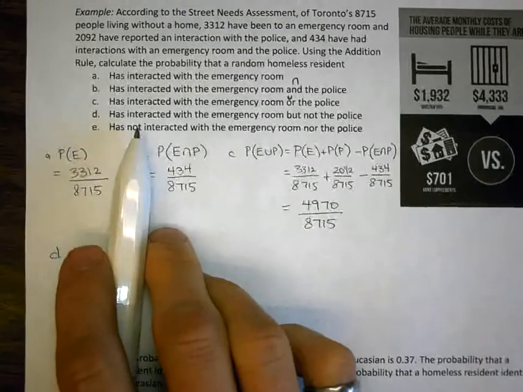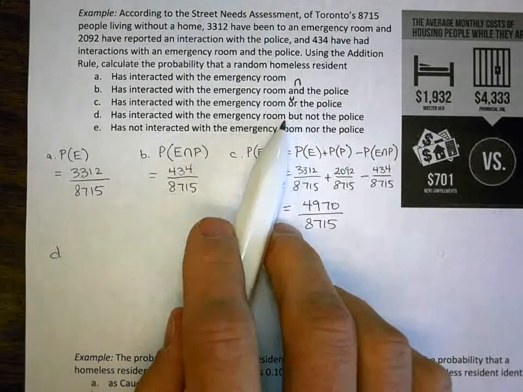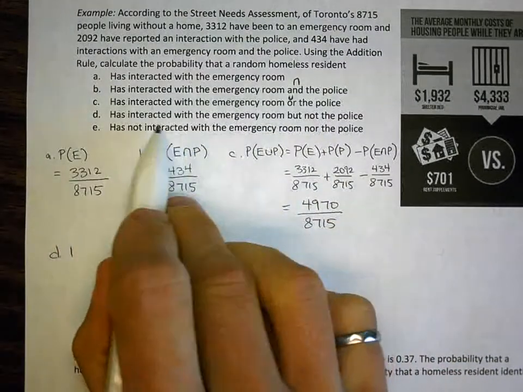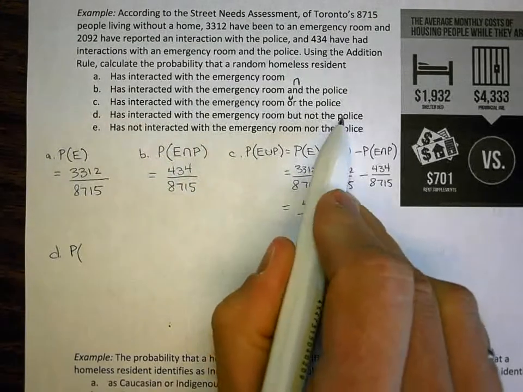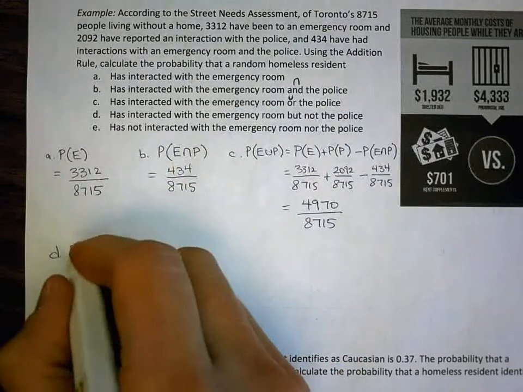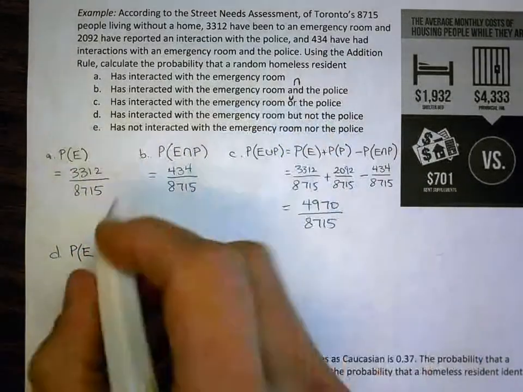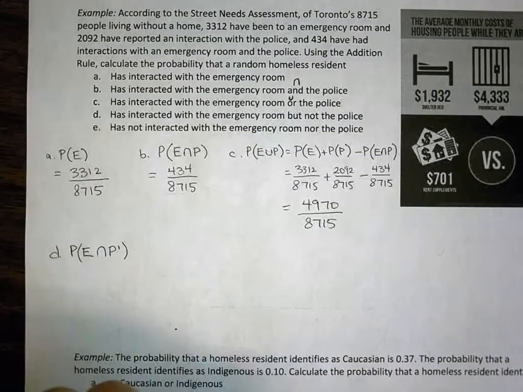What's the probability that someone has interacted with the emergency room but not the police? What's neat about these probability questions is you can convert them from text into probability notation. So has interacted with the emergency room, but not the police. So the complement of the police.